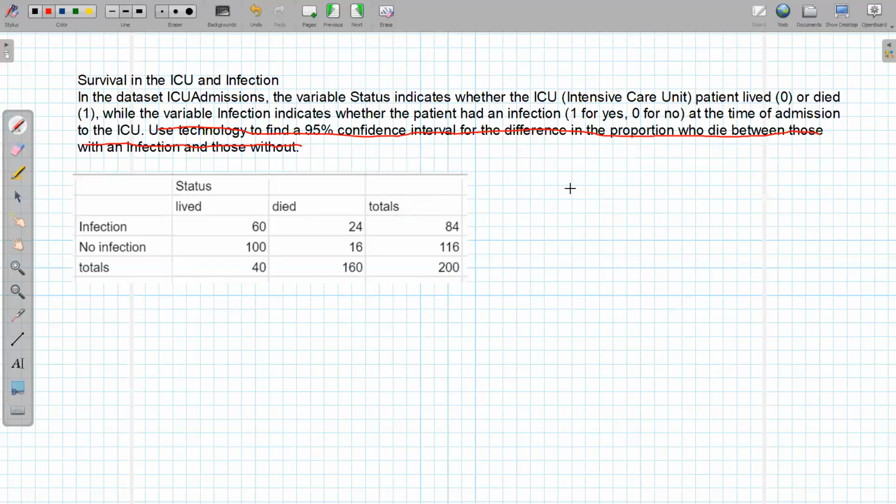What we do want to find out is, is there a significant difference in the proportion of people with an infection that died compared to the group without?